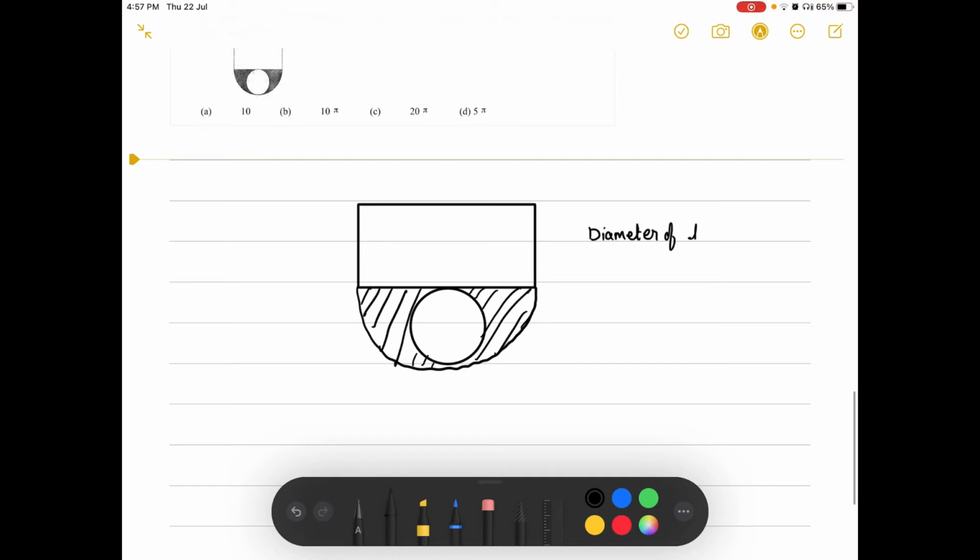of the small circle is basically the radius of the semicircle.